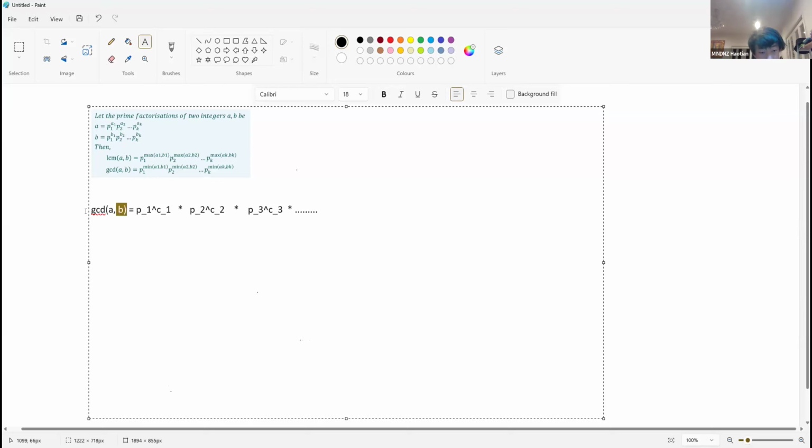So GCD of A and B divides both A and B, then that means the power of P1, which is C1, must be less than the power of P1 in A and B. So C1 is less than or equal to A1, and C1 is less than or equal to B1. You guys can think about it for a bit, because if the power is higher, then it won't divide.